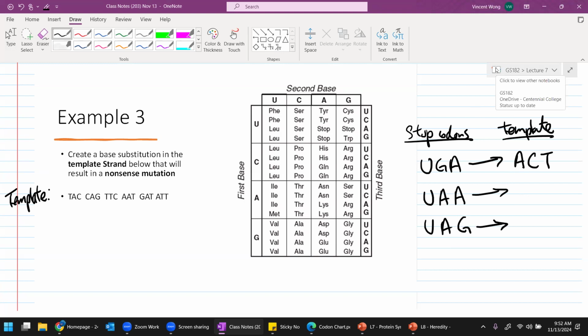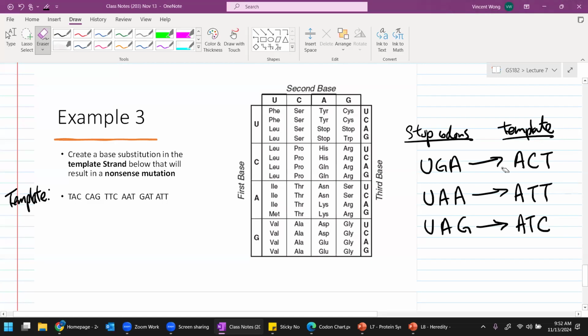Because the relationship between template and mRNA is that they are complementary. This one is ATT, ATC. So all you have to do is find where you can change it to one of these things.